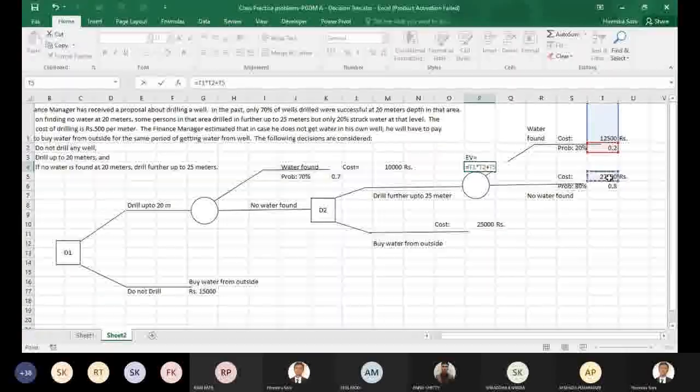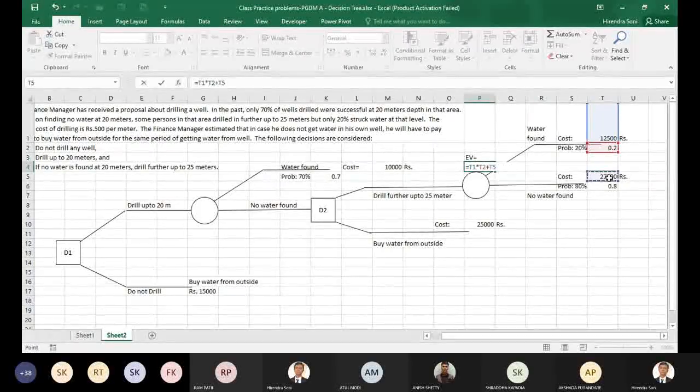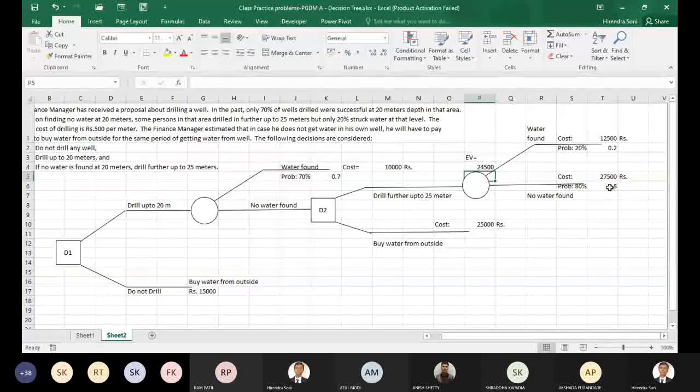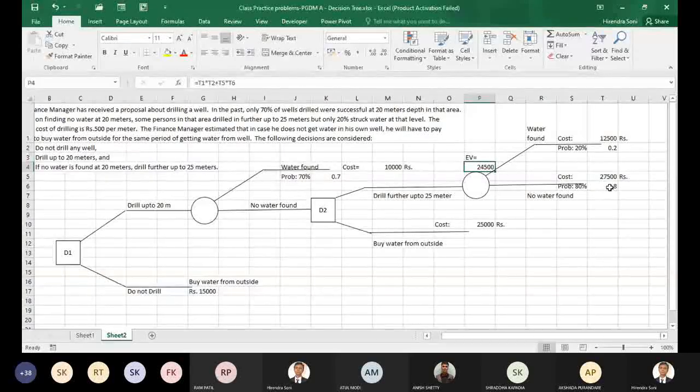So my expected value at this node is 12,500 into 0.2 plus 27,500 into 0.8. Both are situations, each situation has its own probability and its own payoff, okay?